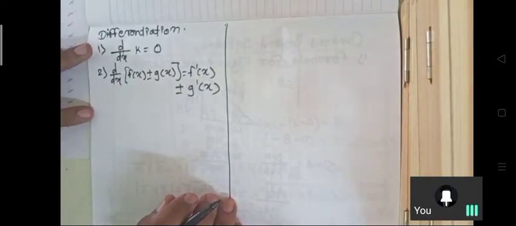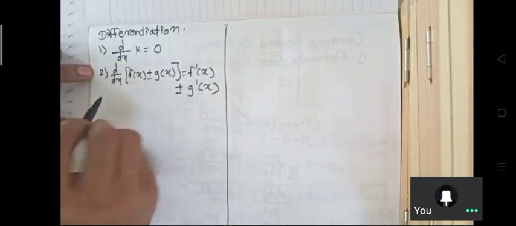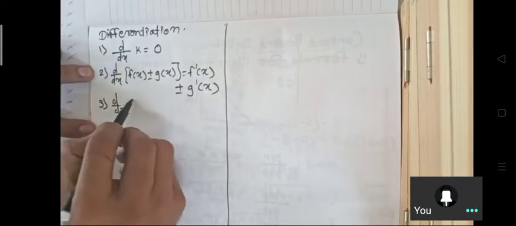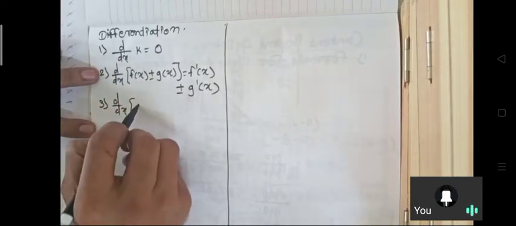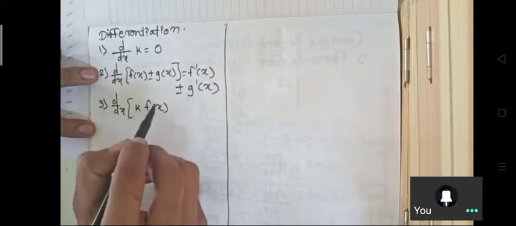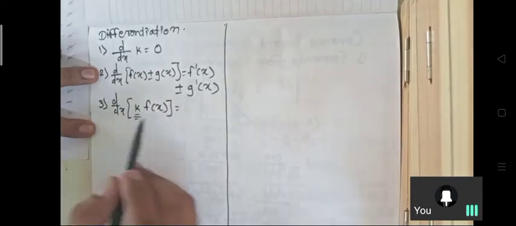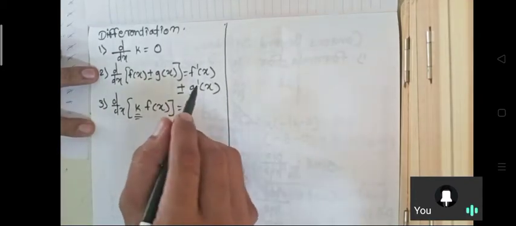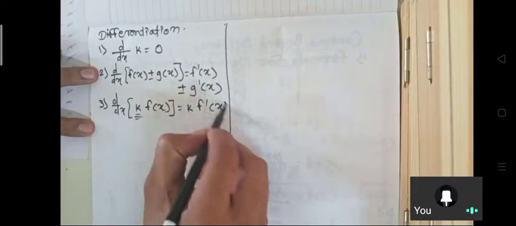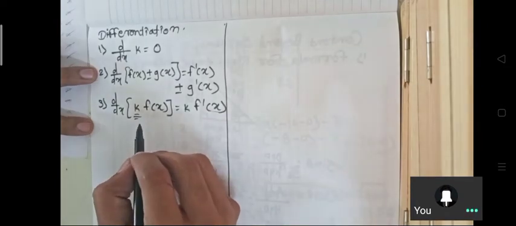Next one is d by dx of the bracket k f of x, where k is constant, is equal to, since k is constant, you can take it out of the differentiation. So k f dash of x, where f dash of x is the differentiation of f of x, right?